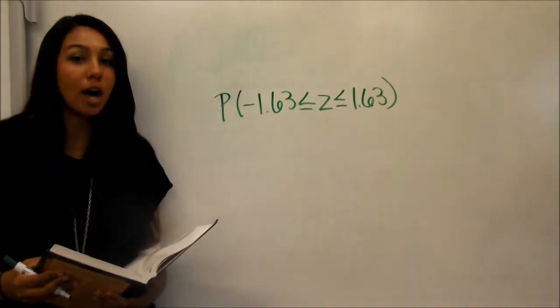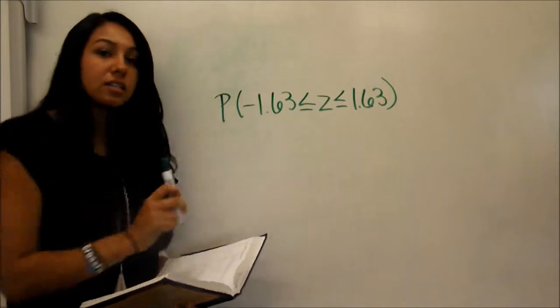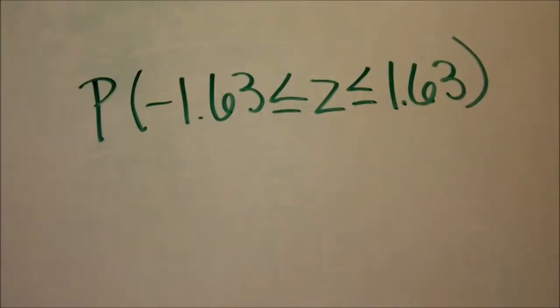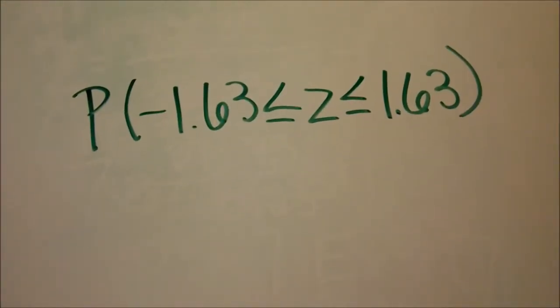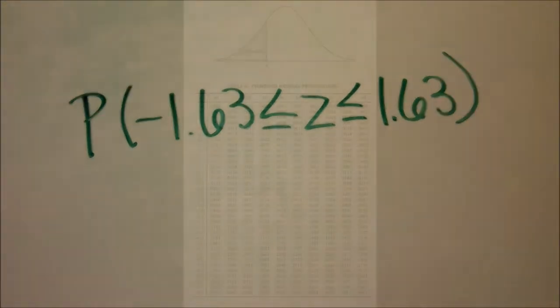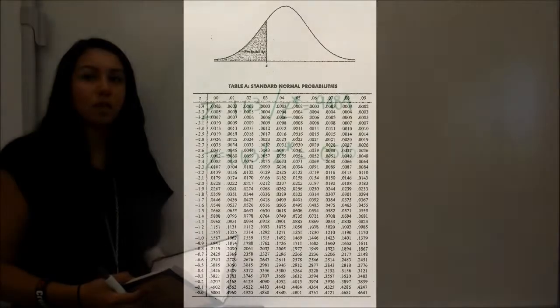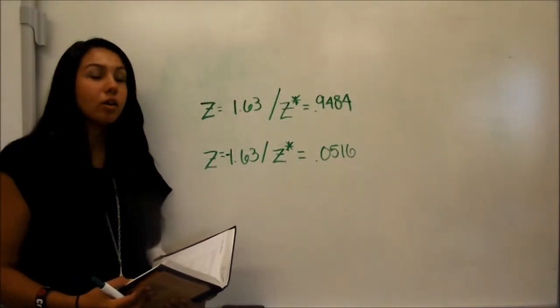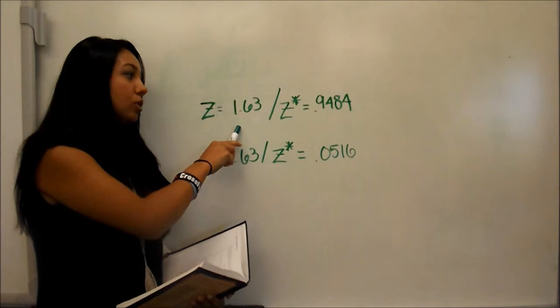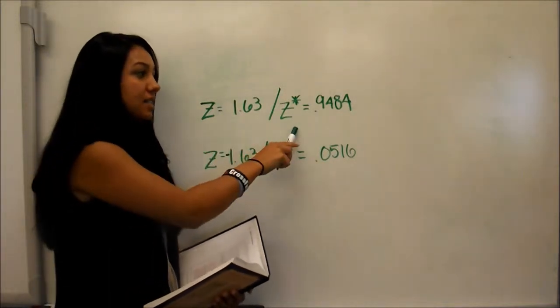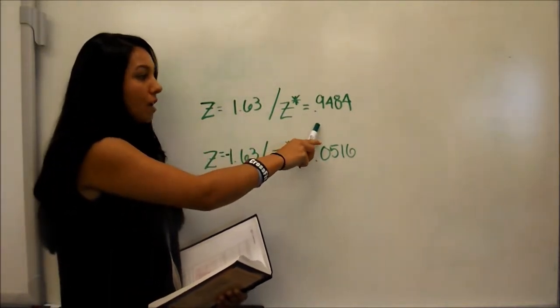So we have to look up the z's in Table A. Okay, so referring to Table A, we found that when z equals 1.63, the area is 0.9484.